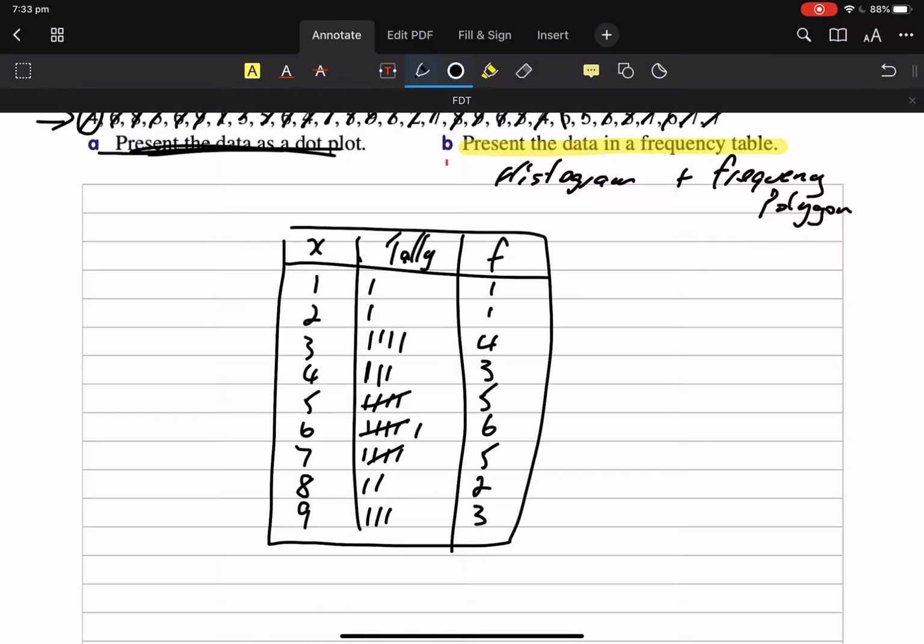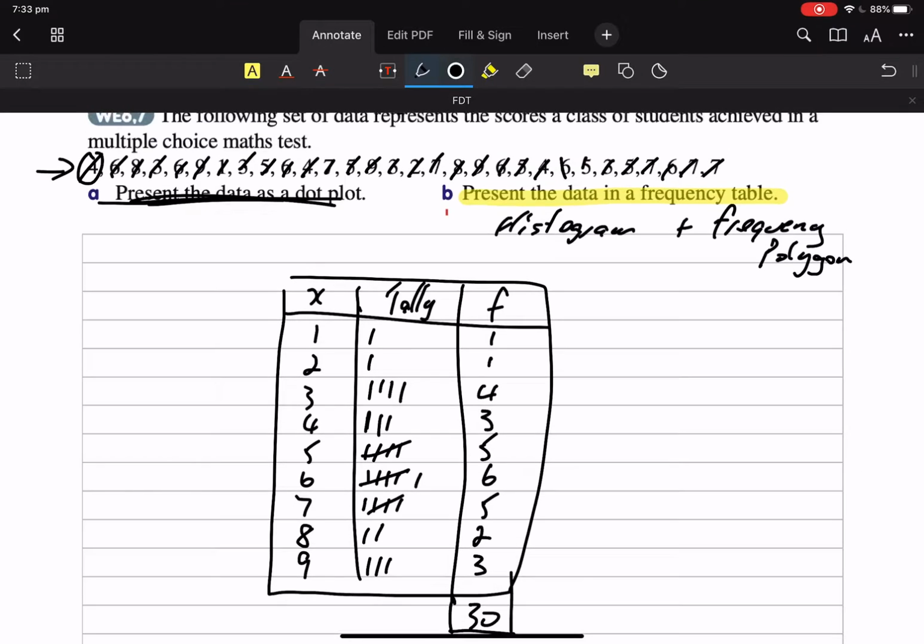What we can do is we can get a calculator and we can total that up. 1 and 1 is 2, 6, 9, 14, 20, 25, 27. There's 30 numbers, so we can actually go back because we've got a pencil and rub that out and go 1, 2, 3, 4, 5, 6, 7, 8, 9, 10, 11, 12, 13, 14, 27, 28, 29, 30. 30 numbers.